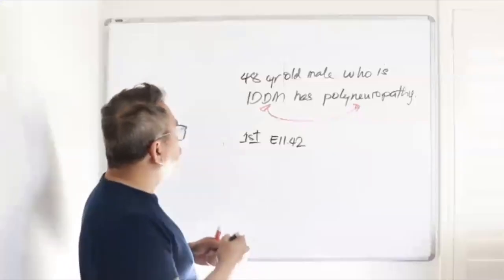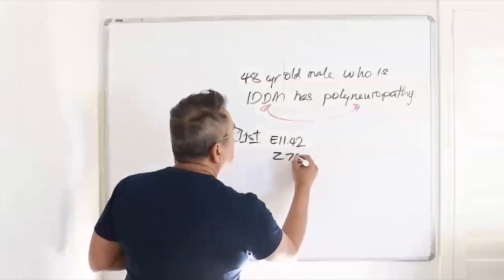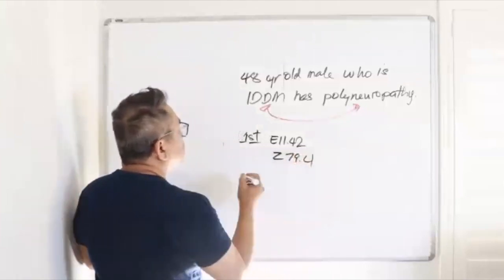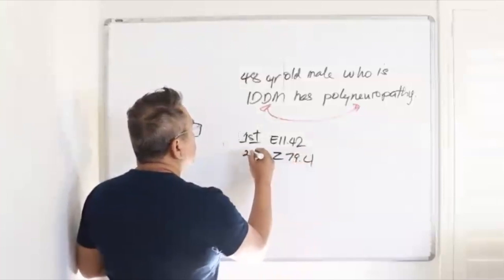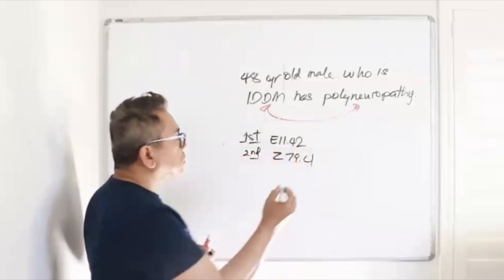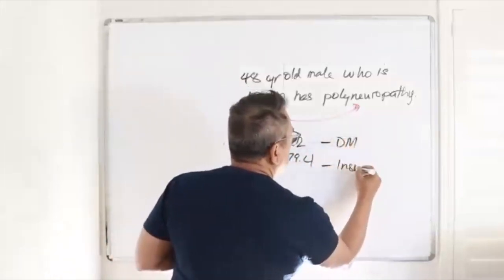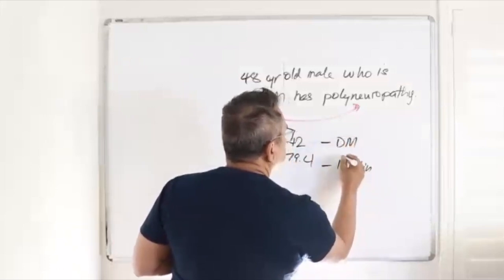In that case, we are to assign also Z79.4. This is your secondary diagnosis code. This is your DM or IDDM. This is your insulin.